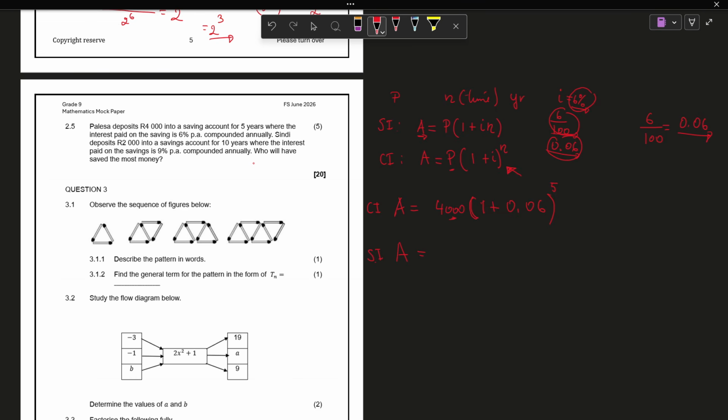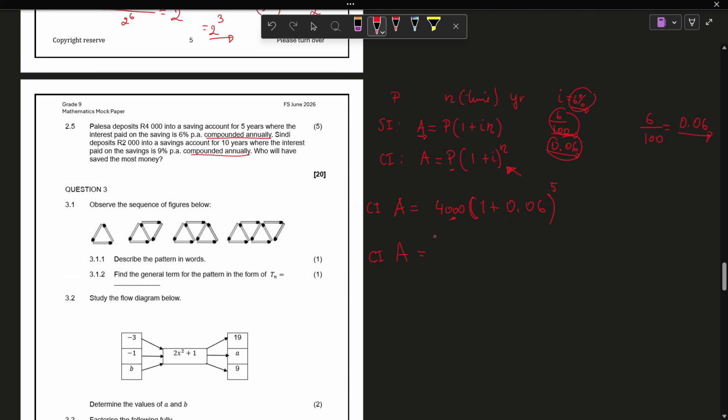No, we don't have a simple interest. It also says compounded annually. The first case was compounded annually. The second case is also compounded annually. So we have compound interest on both sides. Great to note it.